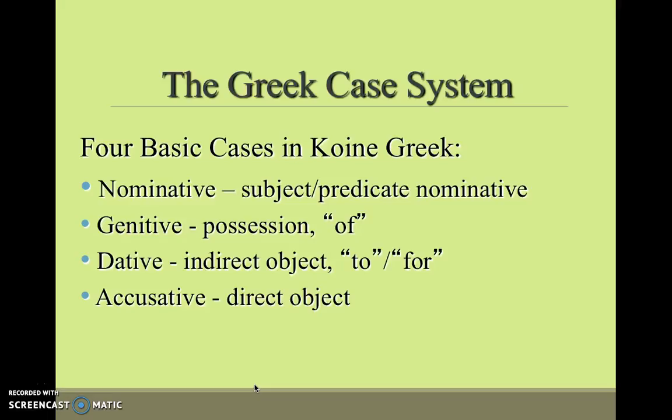There is actually quite a diverse use of categories among nominatives, among the use of the genitive, the dative, and the accusative. But the basic use of the nominative is subject. The basic use of the genitive case in Greek is possession. The basic use of the dative case in Greek is to indicate an indirect object. And the accusative, the direct object.